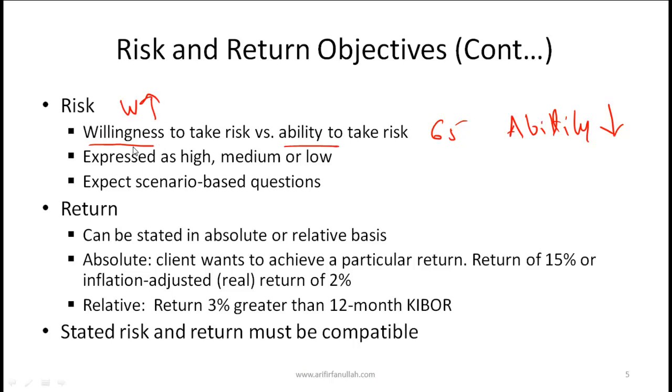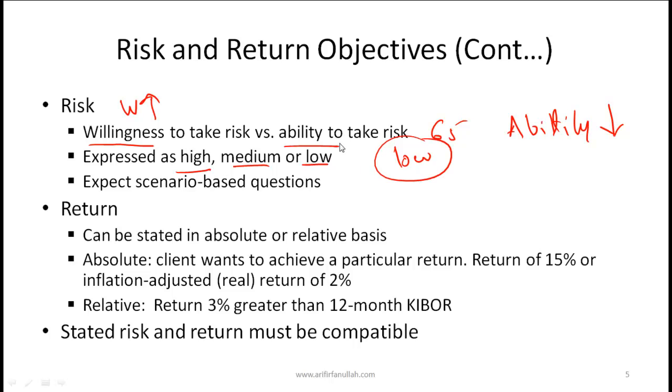So we need to consider both the willingness and the ability to come up with the risk profile of an individual. The risk profile will typically be expressed as high, medium or low. So here we don't talk about standard deviations. We simply say that in the example that I just gave, the risk profile of the investor is low.